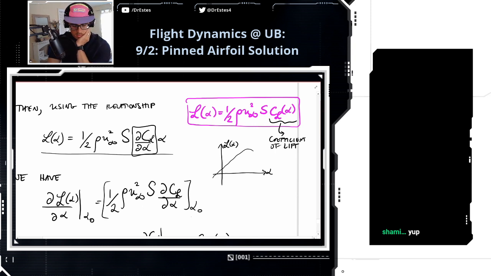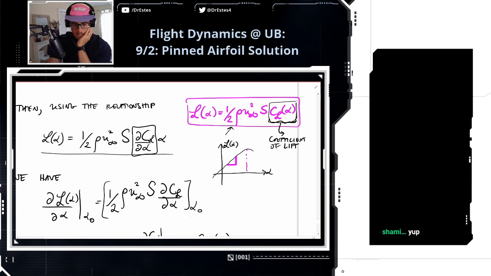So going back to this formula, the only thing in this formula that's a function of alpha is this coefficient of lift. We see that the lift varies linearly with alpha, basically, until you get to stall, right?